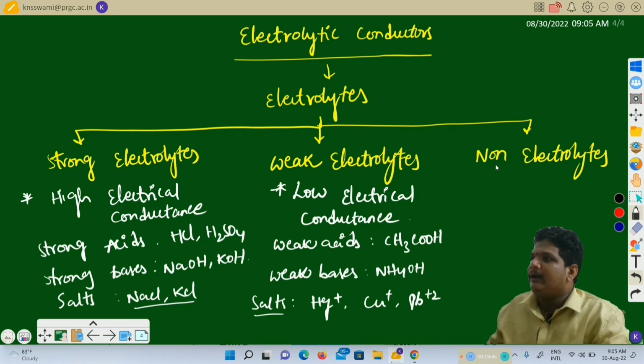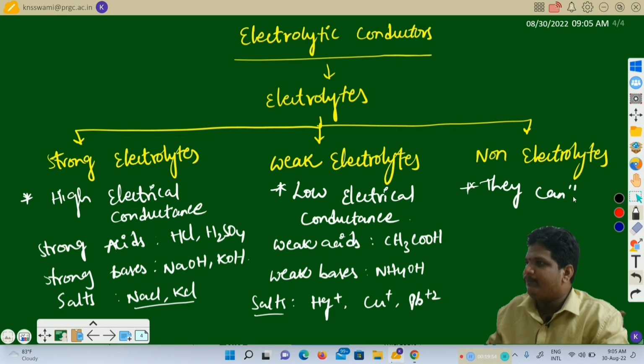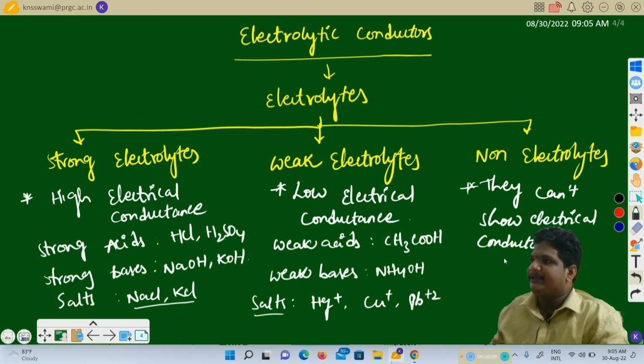Now, non-electrolytes. What are non-electrolytes? They cannot show electrical conductance in aqueous media, in solution state or molten state.